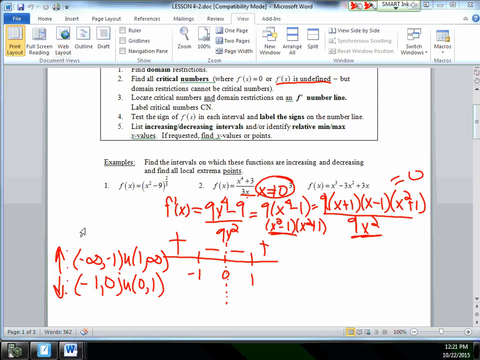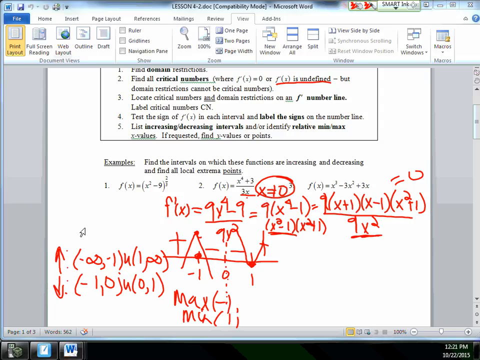Now we need to know, do I have a max or a min? If I go from positive to negative, I know that's going to be a max. Nothing's going on at 0, and it can't be a max or min there because we have a vertical asymptote. Now I'm going from negative to positive, so I have a min. So we have a max at -1 and a min at +1.